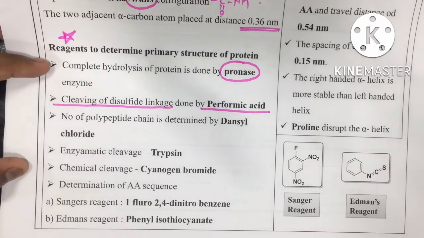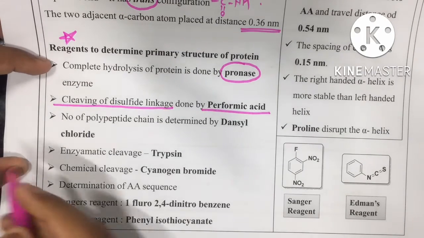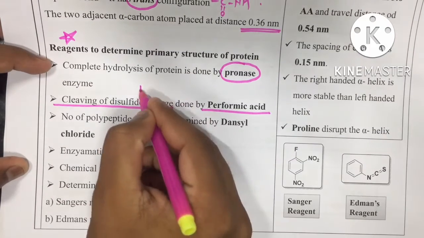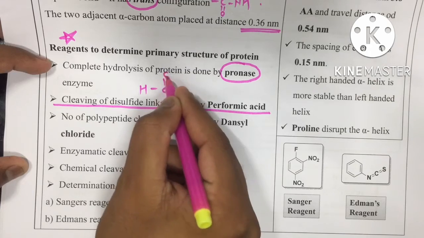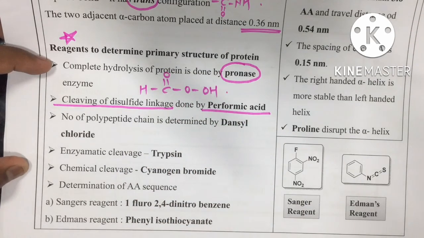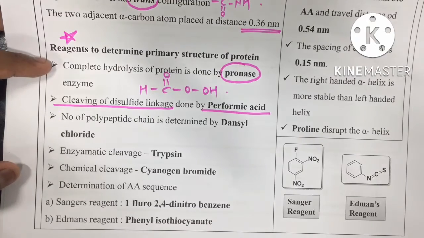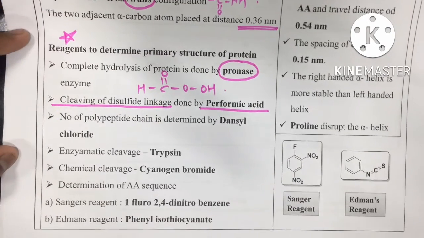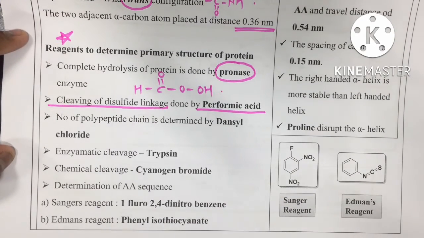Performic acid is used for cleaving the disulfide linkage. What is the structure of performic acid? HC double bond O, O OH, right? That is the structure of performic acid, which is mainly used for cleaving the disulfide linkage.